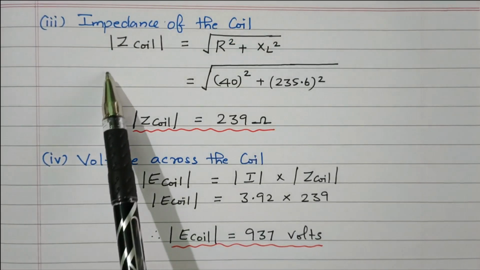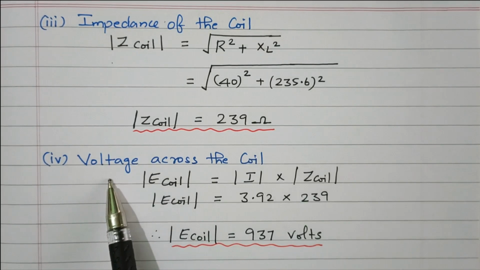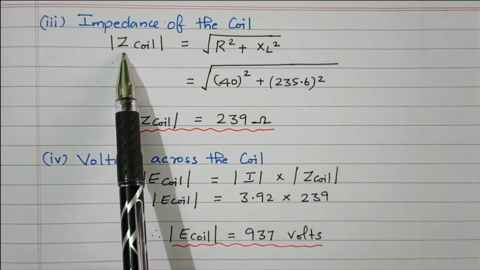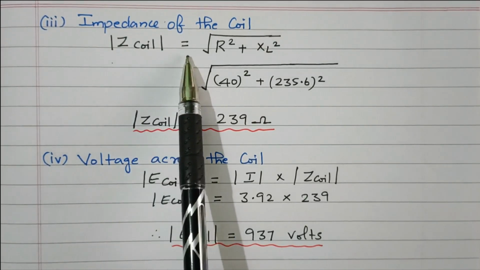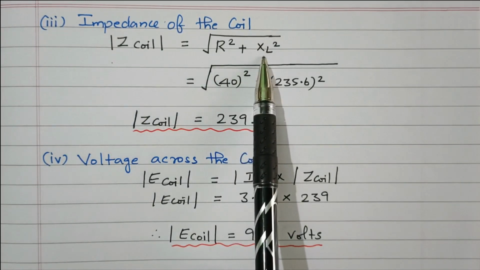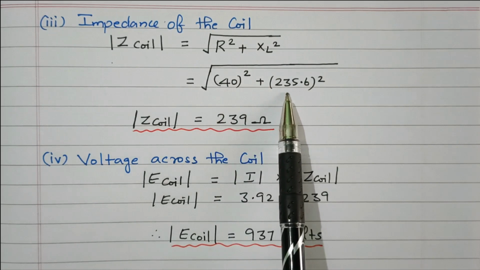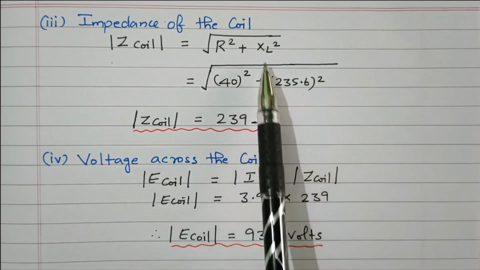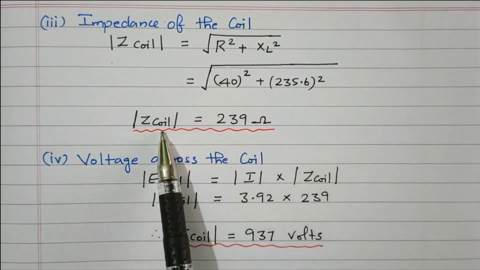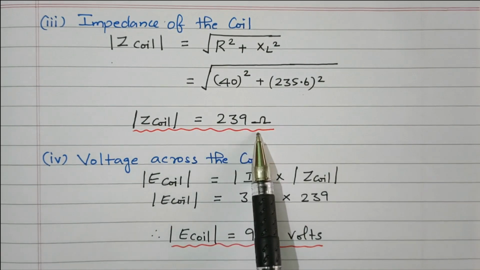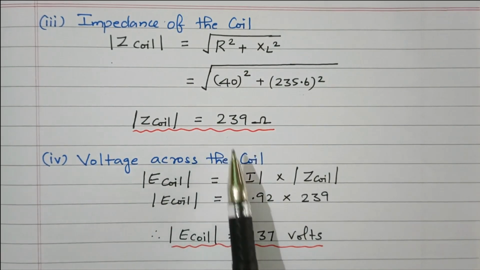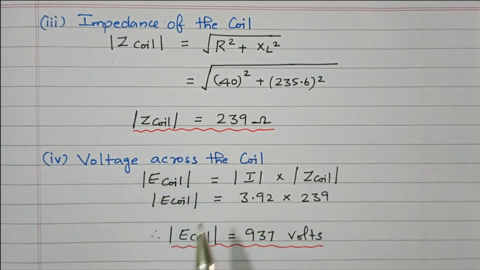First we will find the impedance of the coil, then we will go for the voltage across the coil. Z coil, impedance of the coil, equal to square root of R square plus XL square. That is equal to square root of 40 square plus 235.6 square, what we already calculated. So the Z coil is 239 ohm. Using this we can find the voltage across the coil.